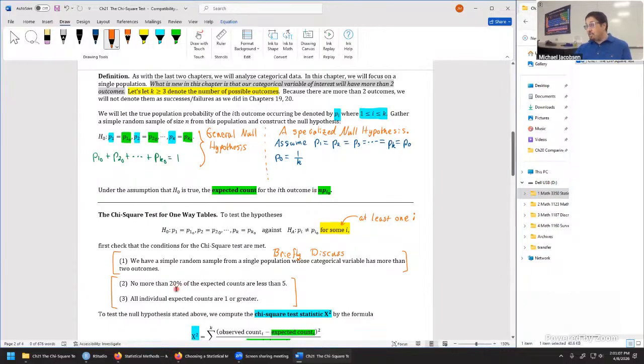And if many categories, more than 20% of our categories, are less than 5, again, our sample size is too small to fit the procedure. So here we will carefully check and show counts. So those are the conditions of our overall hypothesis test.